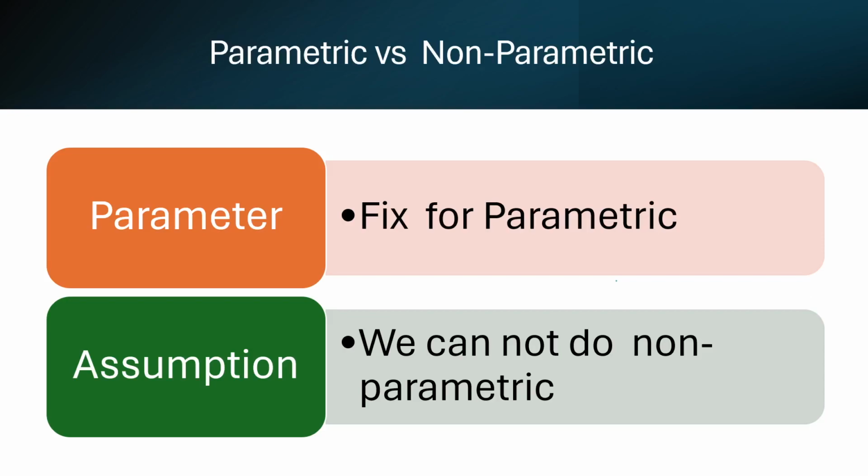We can assume, for example, in linear regression, if we consider price, salary and experience, here is the line equation. We will see later in our notebook how it changes over time. In non-parametric, we cannot assume a fixed number of parameters; if the number of rows increases, the model's parameters also change, like decision tree and KNN.